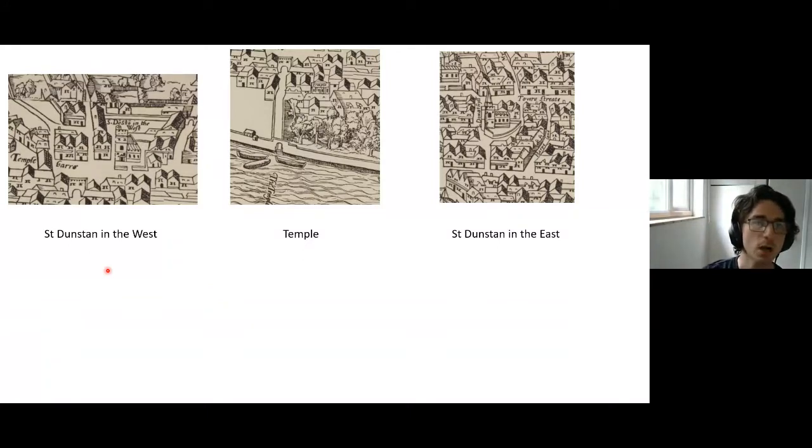Although they're surrounded by somewhat uniform houses, the churches themselves have been rendered individually. We can see a square tower in St Dunstan in the West. The famous Temple Church, we can see its rounded form there. And then in the east, we can see the spire of St Dunstan in the East.